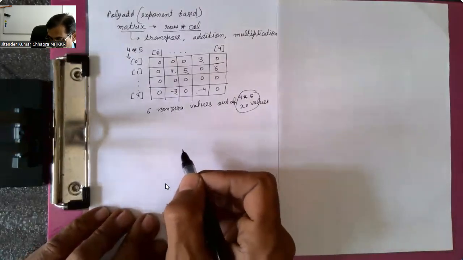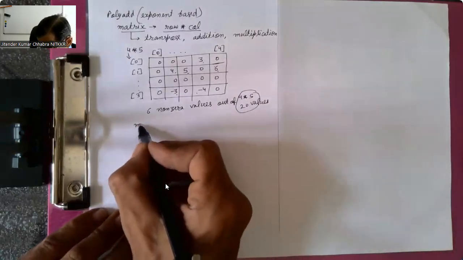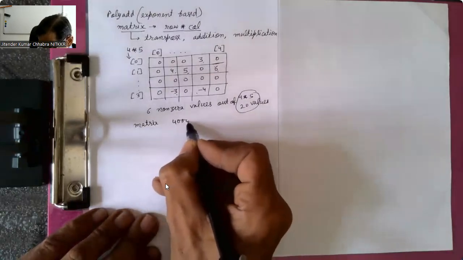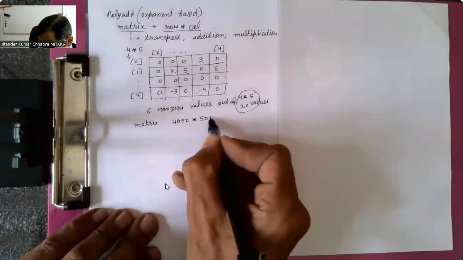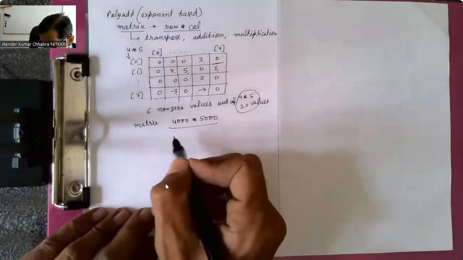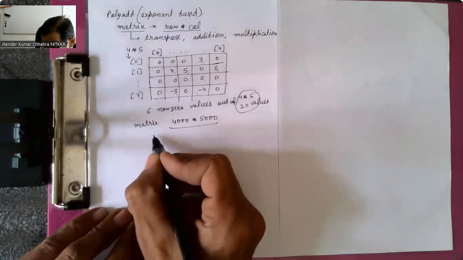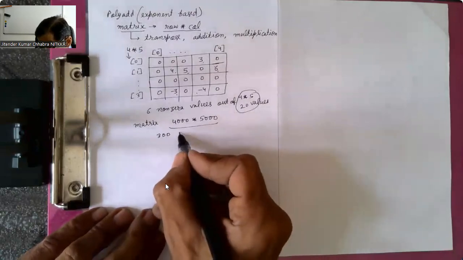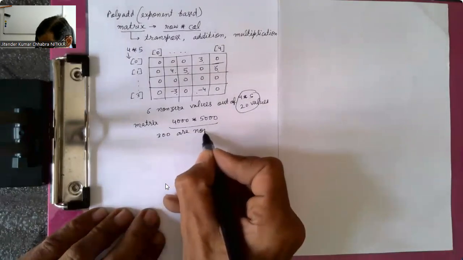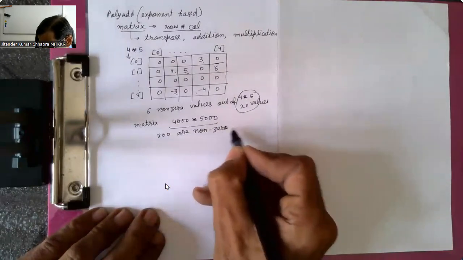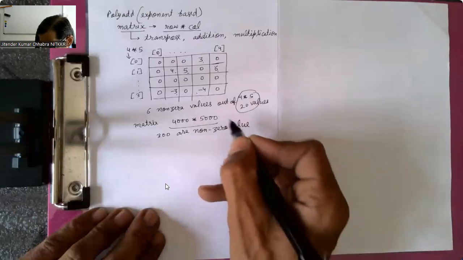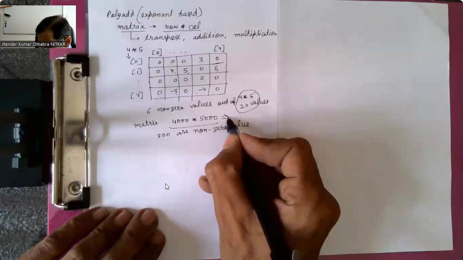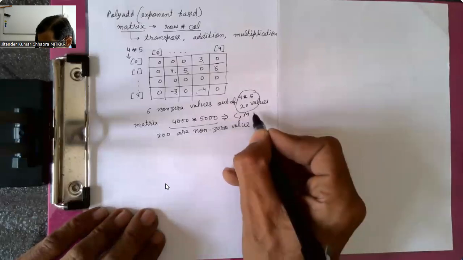But imagine I have a matrix of order, say, 4,000 into 5,000. And out of this matrix, let's say only 300 values are non-zero. A matrix of this order is not uncommon in civil and mechanical engineering.